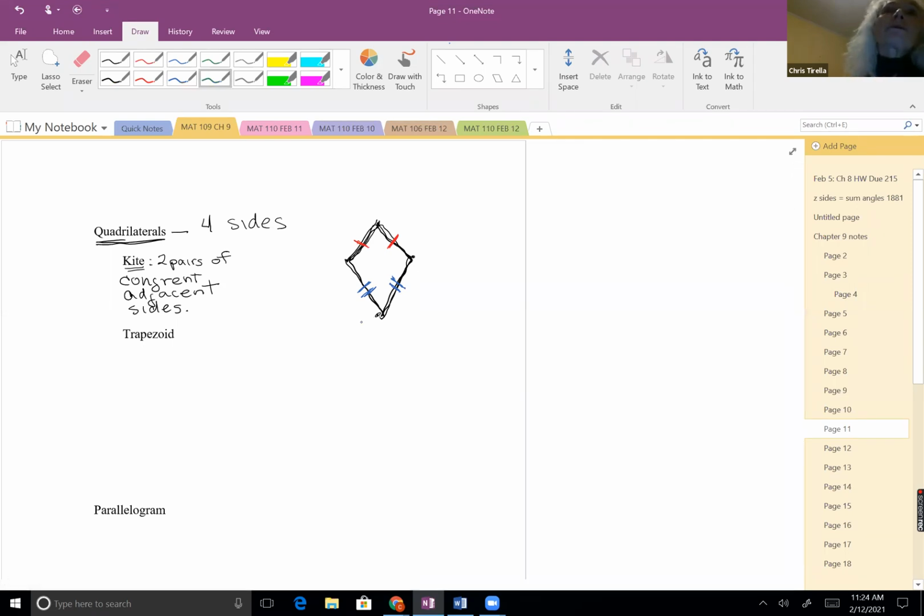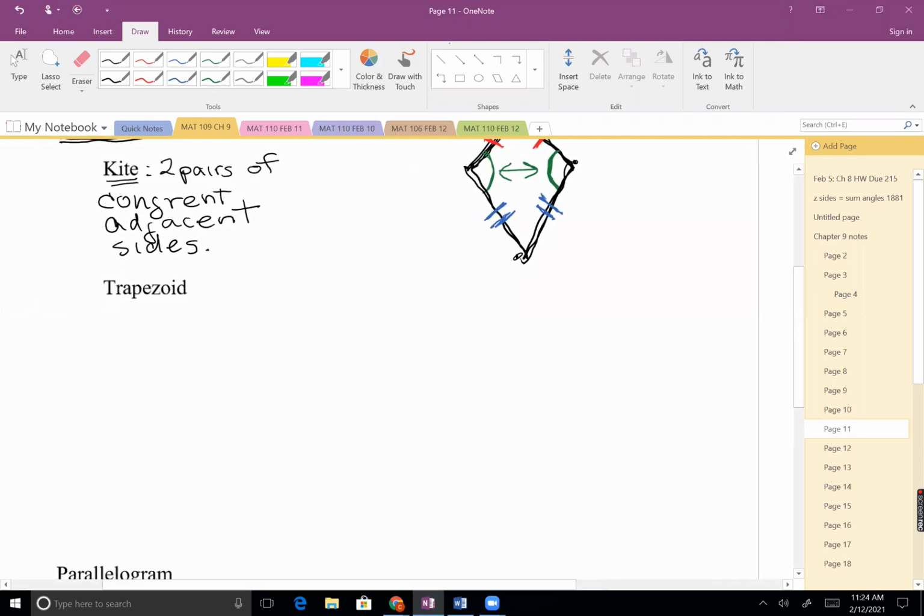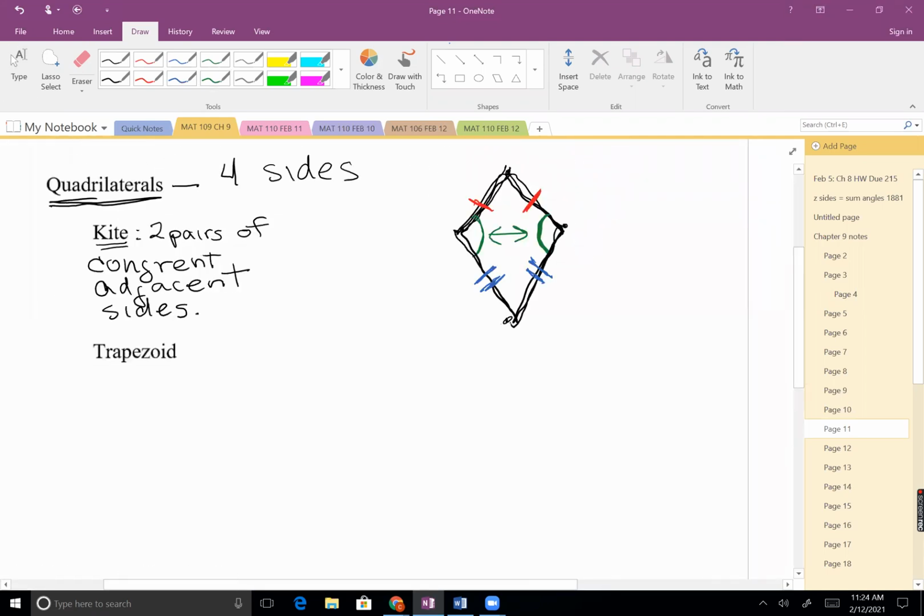Because it's a quadrilateral, the angle sum will be 360 degrees. And it turns out that in a kite, these angles are congruent, but the other pairs of angles are not. How are the top and bottom not congruent?